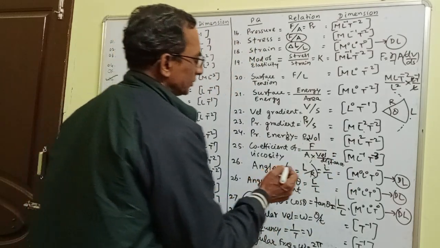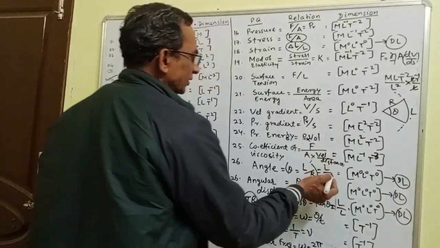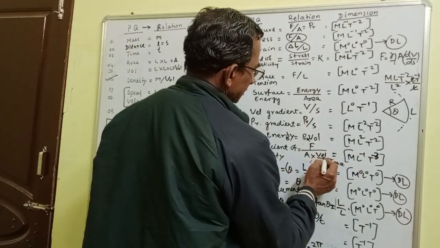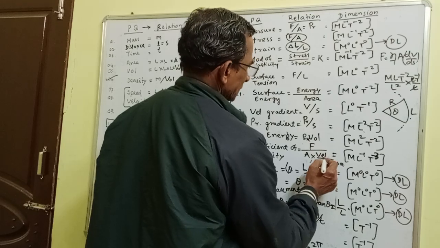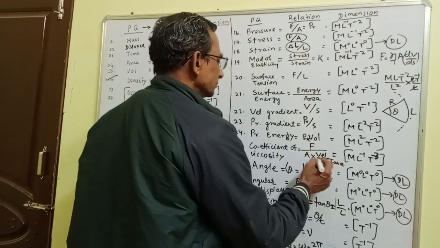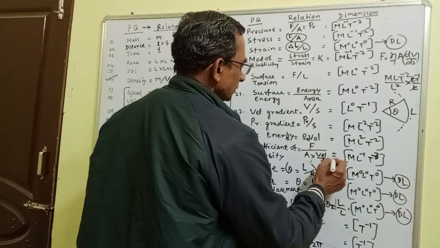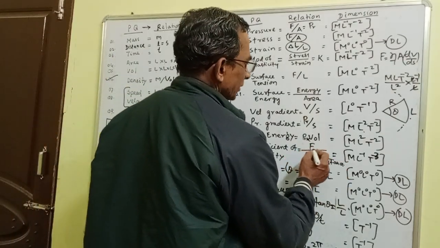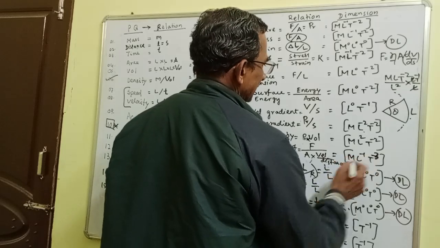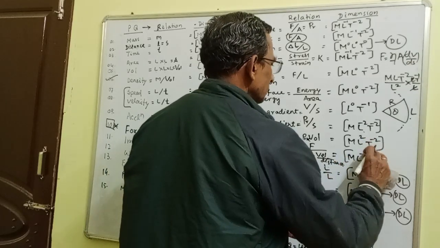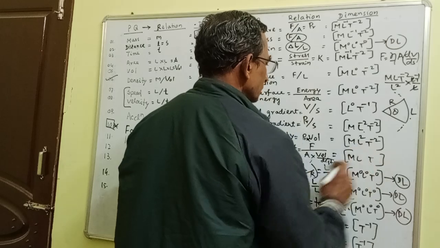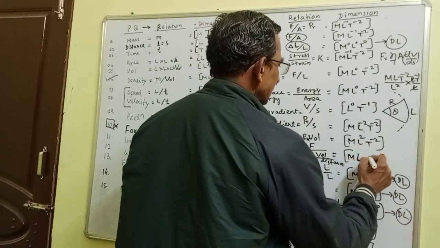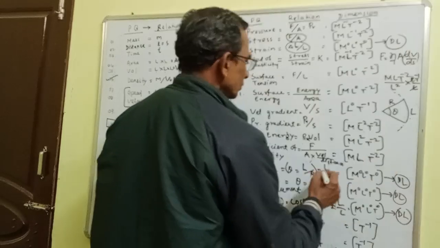Then in that case it will become force into distance over velocity, where velocity by distance is T to the power minus 1. Force is MLT minus 2.